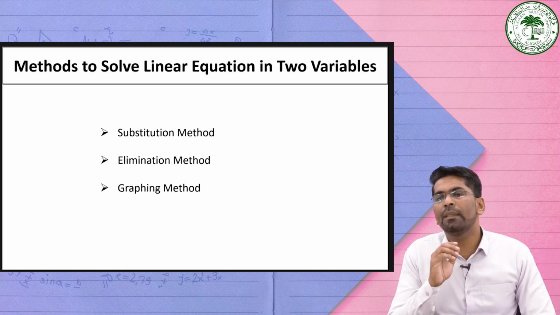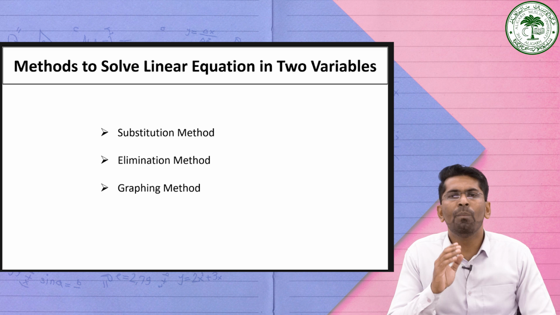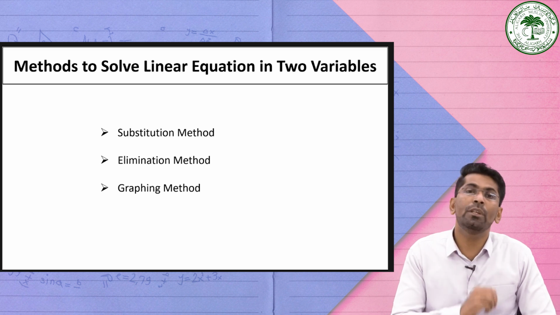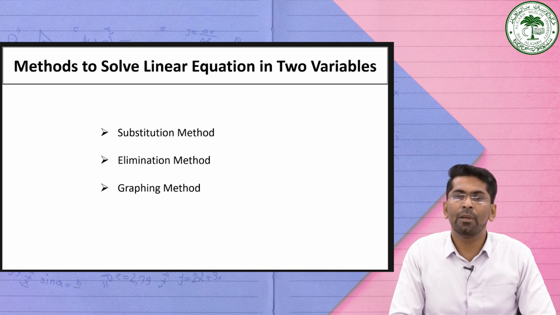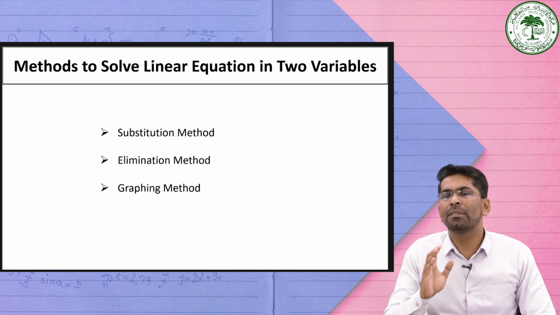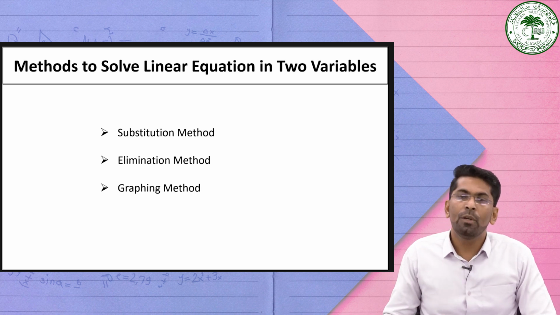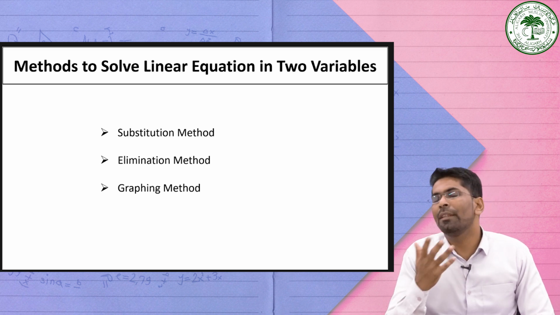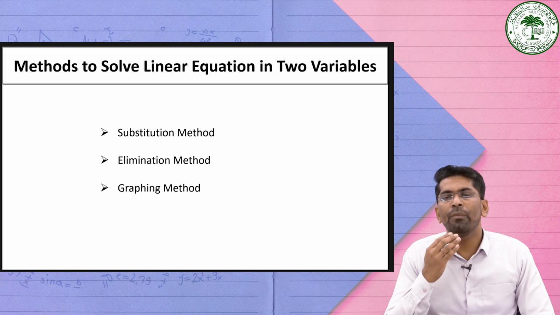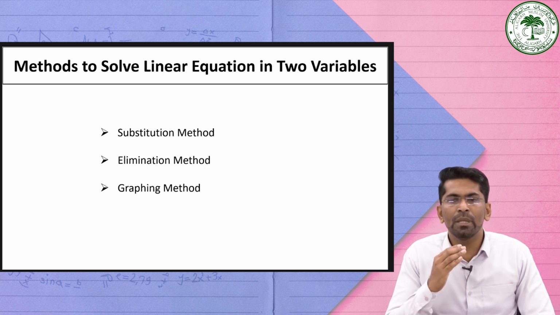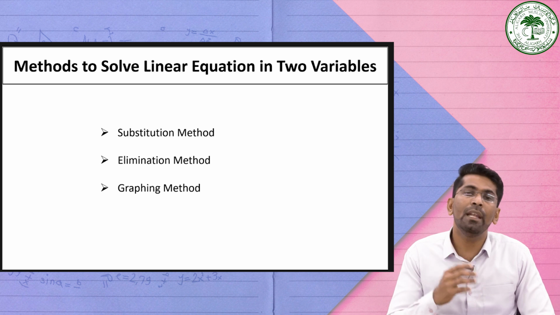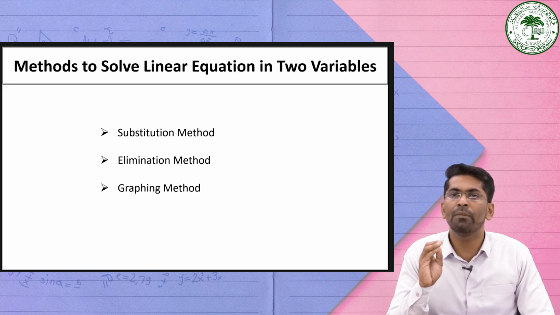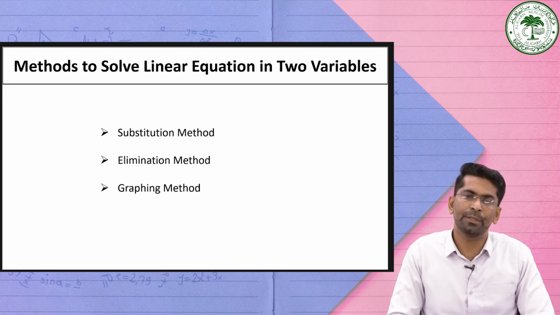The substitution method and the elimination method are the most common techniques used to solve a system of linear equations with two variables. Both methods involve manipulating the equations to eliminate one variable, making it easier to solve for the other variable. Here we are going to discuss the graphing method also. So along with the substitution method and elimination method, we will discuss the graphical method as well.